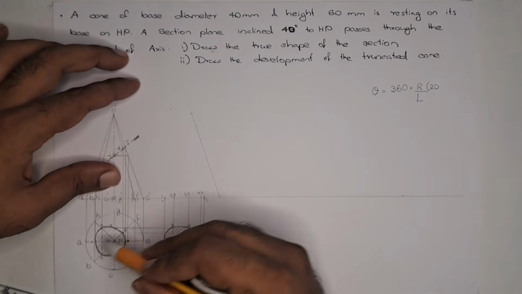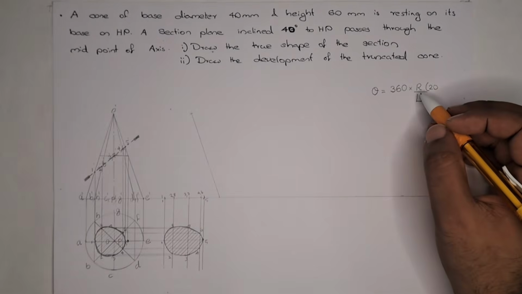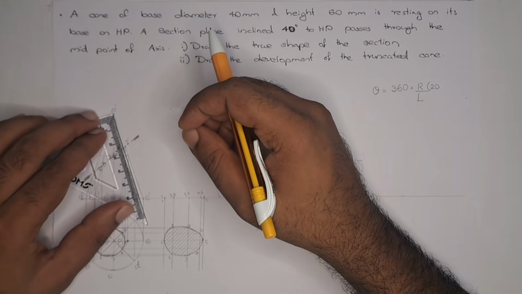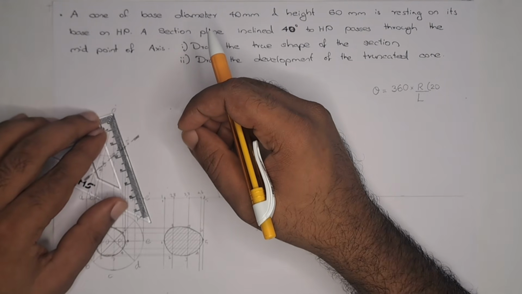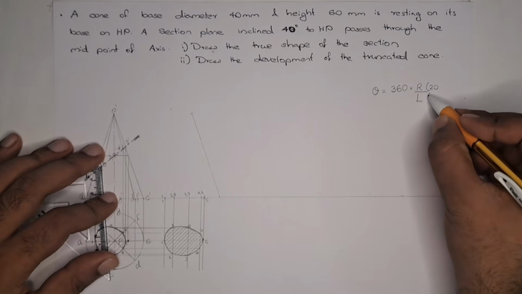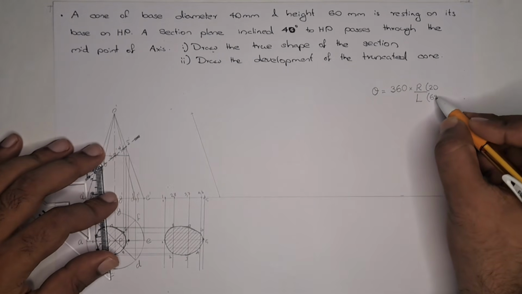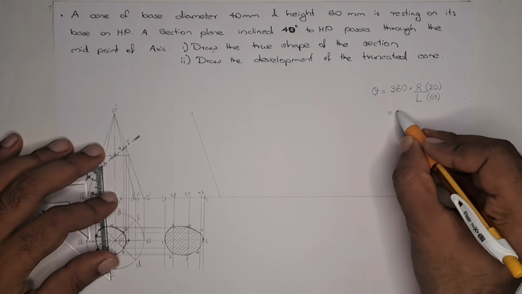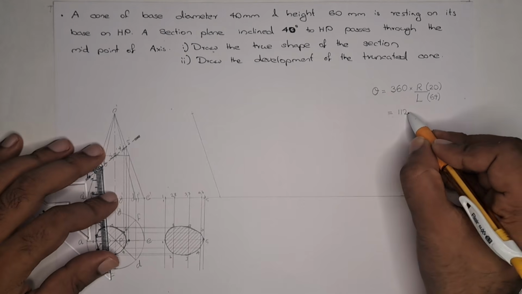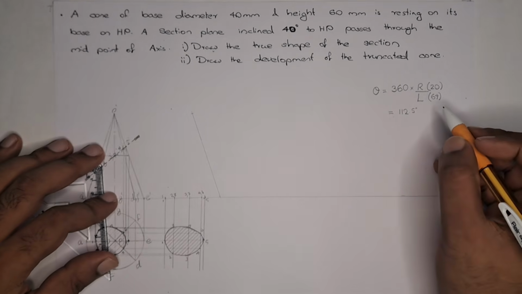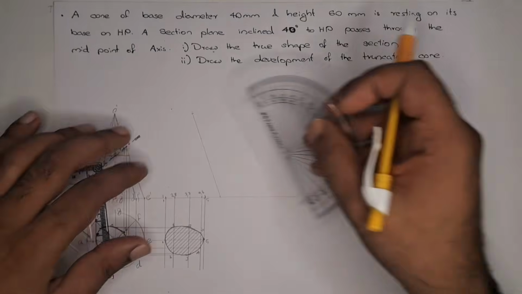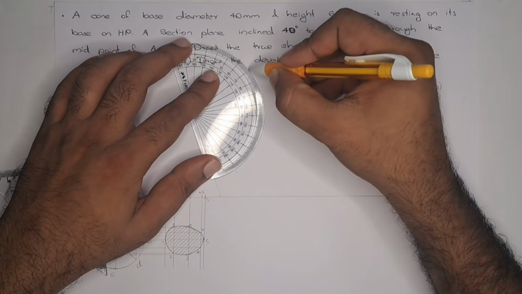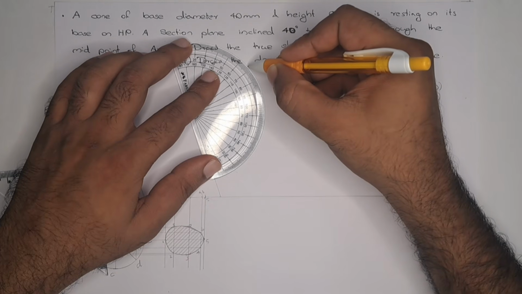Here it is 20, and L, with the help of a scale we can mark the distance. It is around 64, so we can take it as 64. Then theta degree will be around 112.5 degree. So we need to take 112 over here.